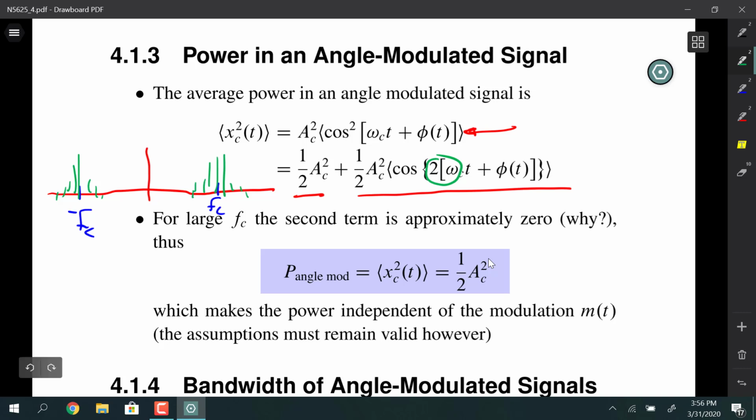So in general, it's safe to say that that is equal to 0. The spectral line components that get shifted up to 2 times the carrier do not lap down into 0.